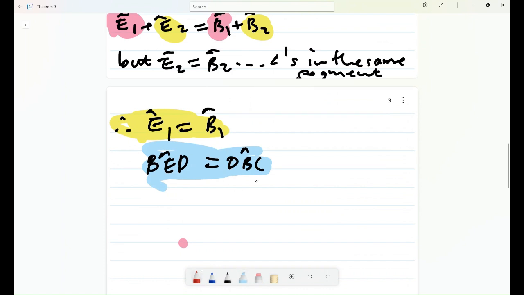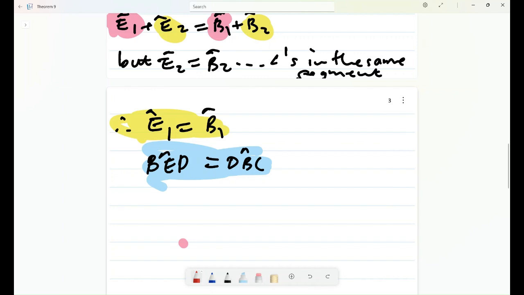Even if the order is not correct, it is CBD. The angle that you are referring to is this one. CBD is equal to what? Angle BED. So we have proven that. Please, if you did not understand it, please rewind back.